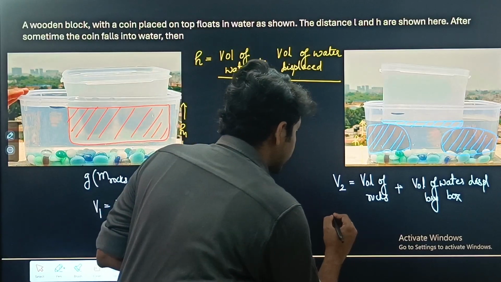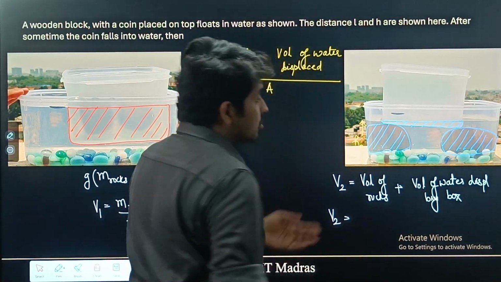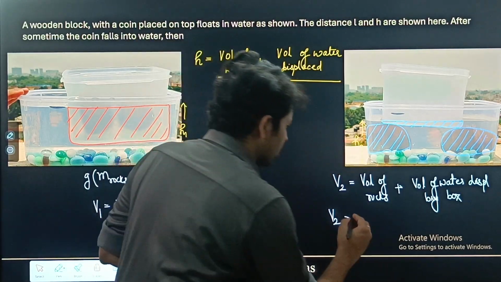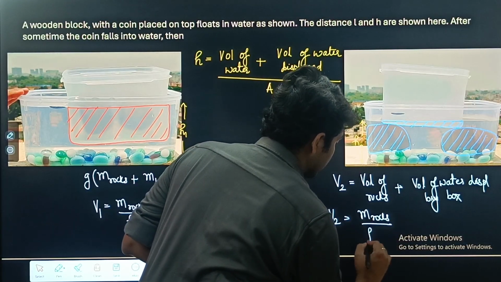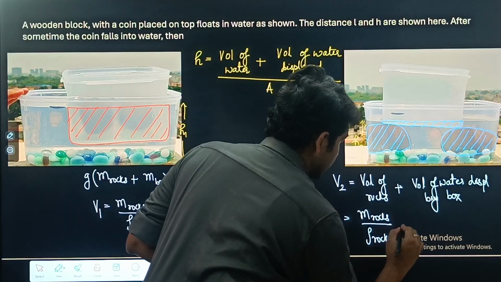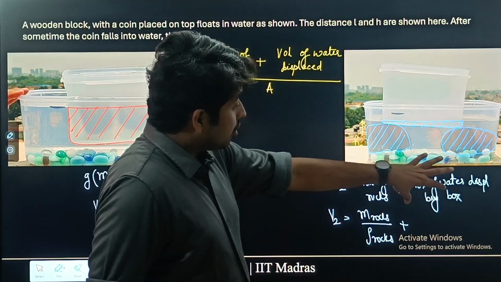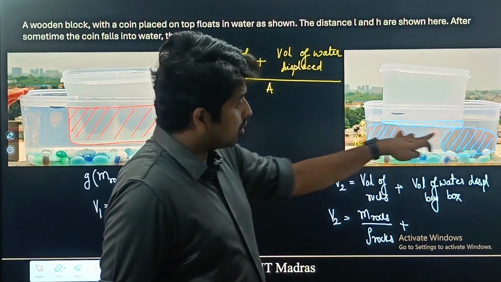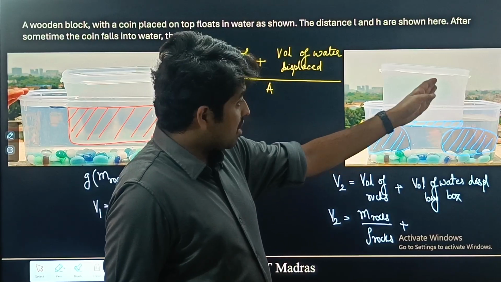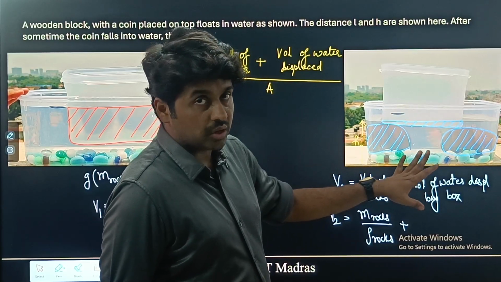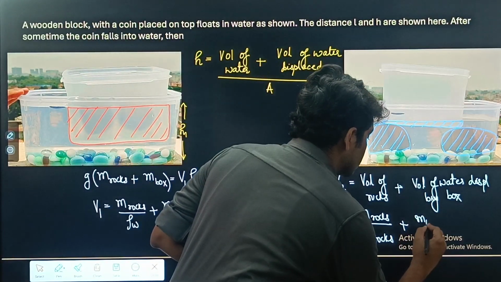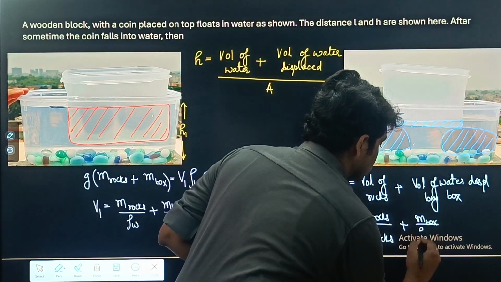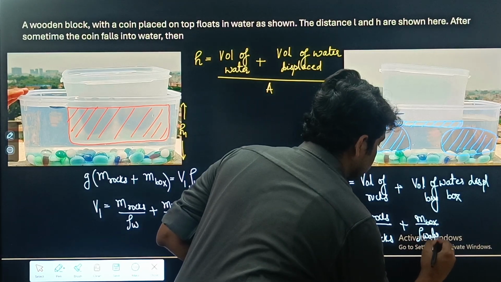So V2 equals, what is the volume of rocks? Mass of rocks by density of rocks, plus what is the volume of water displaced? This much volume, what is that volume? That is nothing but mass of box by density of water. It's the same thing as we have written here. That is mass of box by density of water.